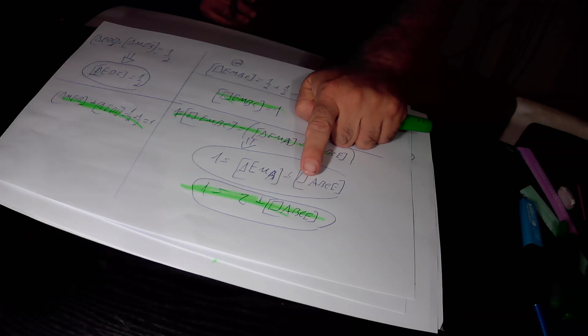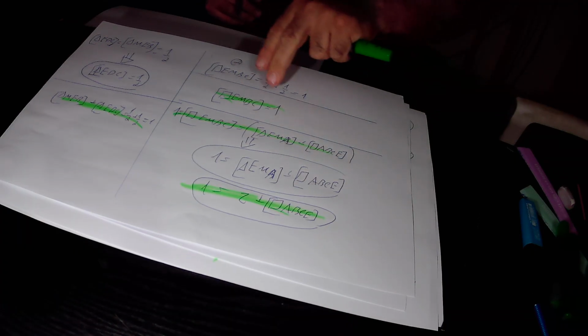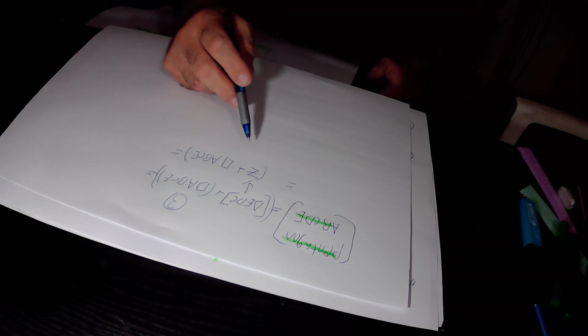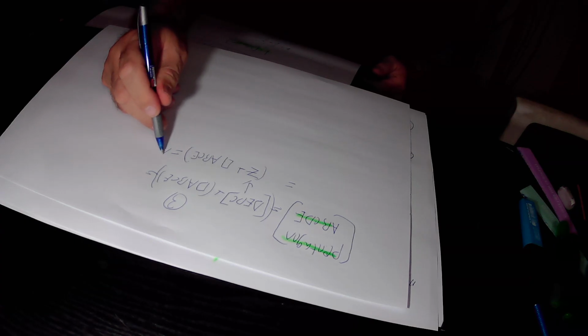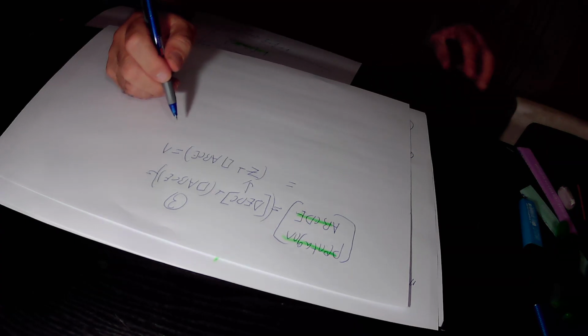But we already found out that Z plus the area of quadrilateral ABCE equals 1. So I can copy this equation here.